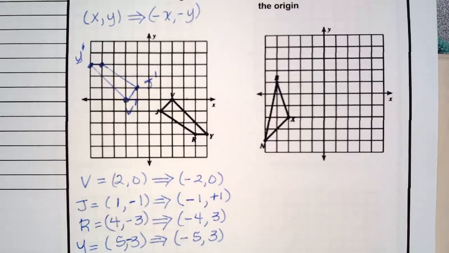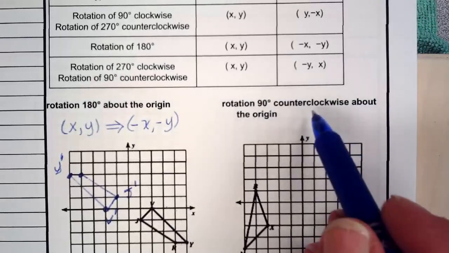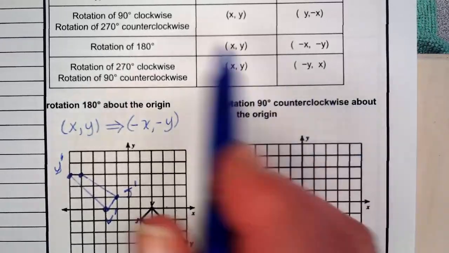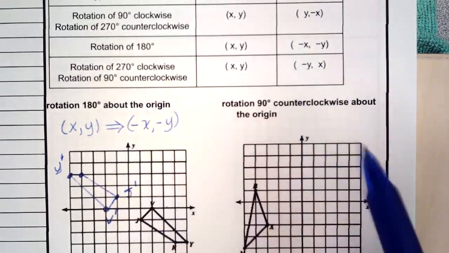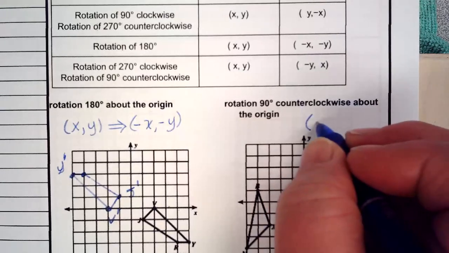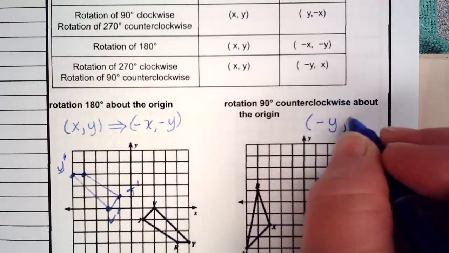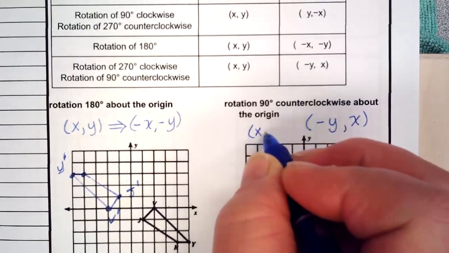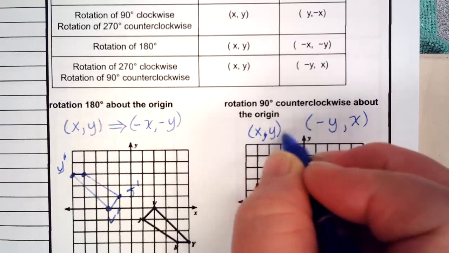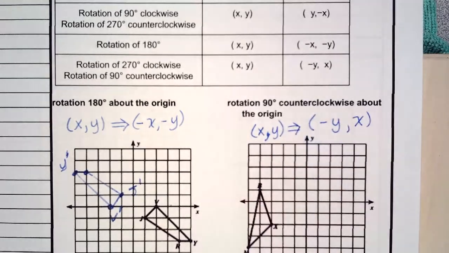Okay, for the next one, we're doing a 90-degree counterclockwise around the origin. 90 degrees counterclockwise, we switch them around, and it becomes the opposite of y, and then x stays the same. That's your mapping.